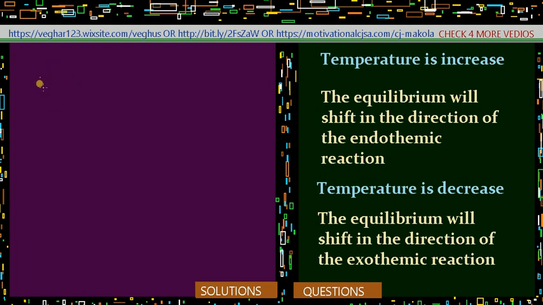So if they say you have A plus B going to C plus D, and it's an exothermic reaction, that means the forward reaction is exothermic.